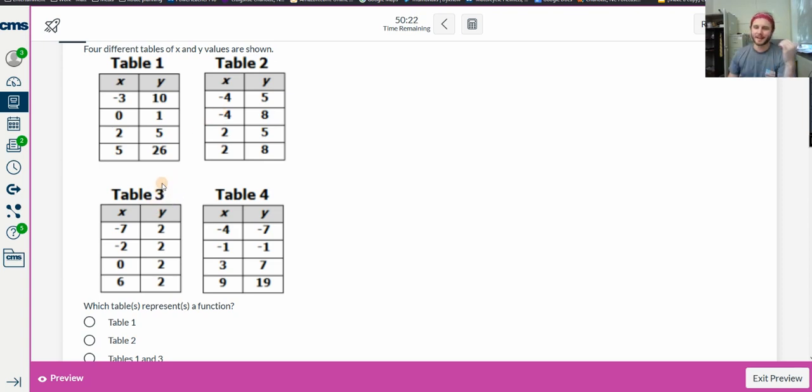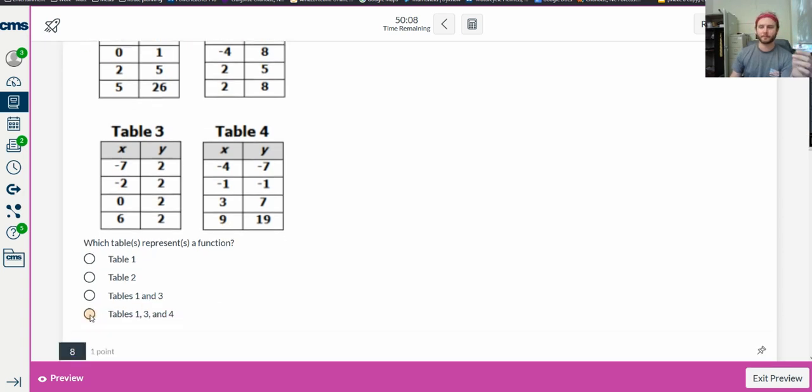Table 3, -7, -2, 0, and 6, nothing repeated, so table 3 is a function. For table 4, -4, -1, 3, and 9, none of those repeated, so table 4 is a function. So everything except table 2 is a function. So that's tables 1, 3, and 4.